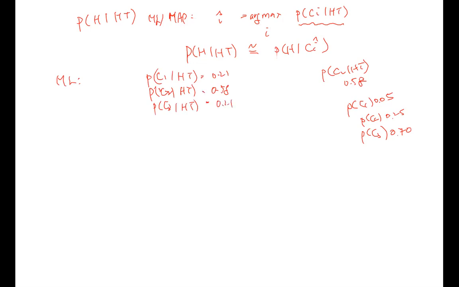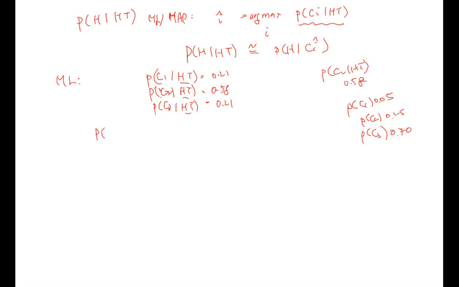So based on the observation head and tail here, C2 is most likely to be the coin. So I would pick coin 2 as my guess. The coin I pick is coin 2.